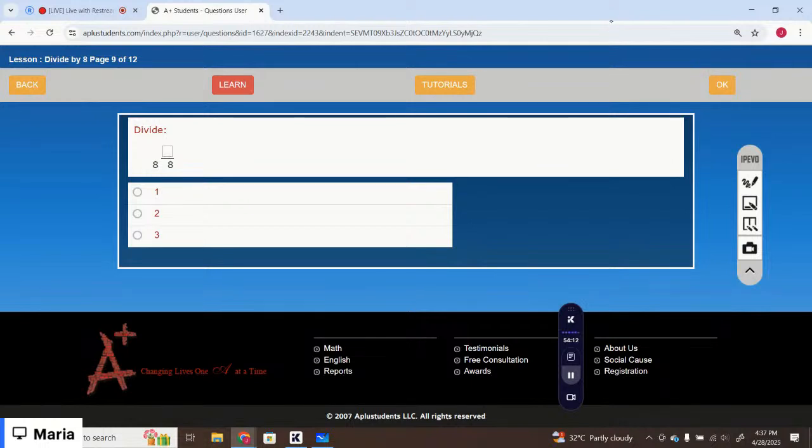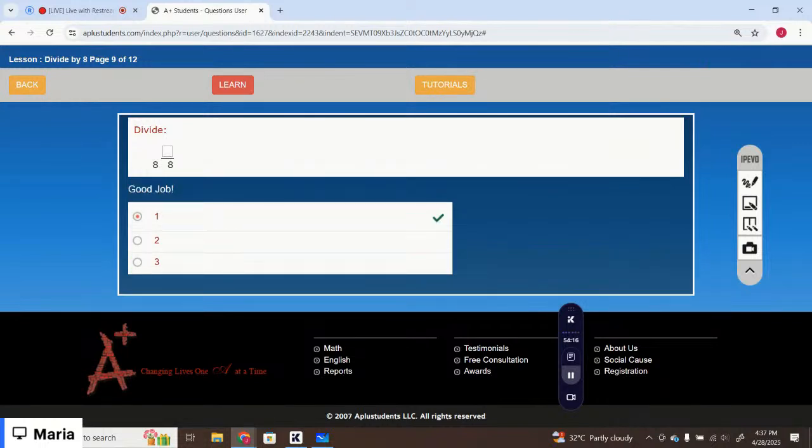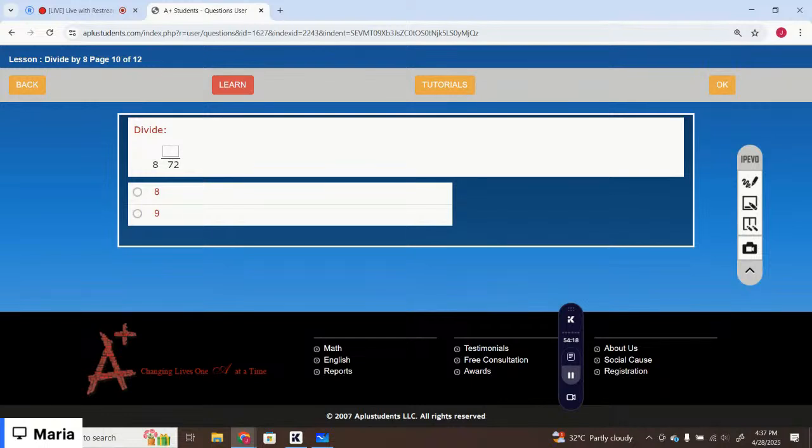Eight times 1 is 8. The correct option is 1. 8 times 9 is 72.